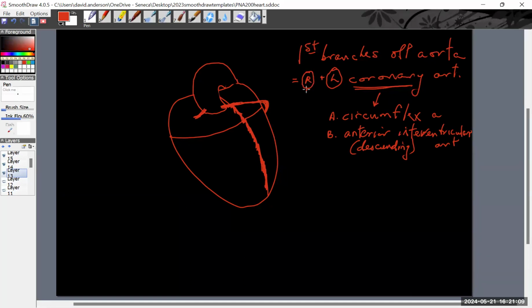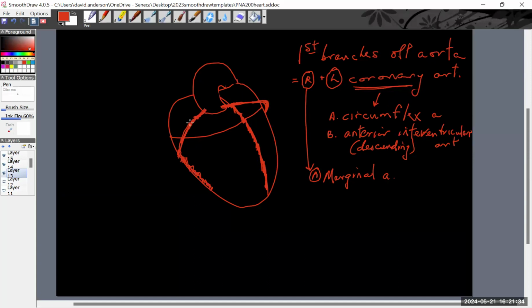The right coronary is going to divide into a marginal artery. So it's going to go right down the edge here, which is where that word marginal comes from. It's kind of going down the margin of the border.